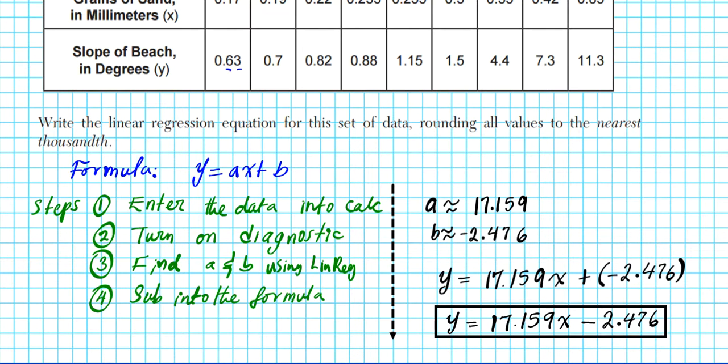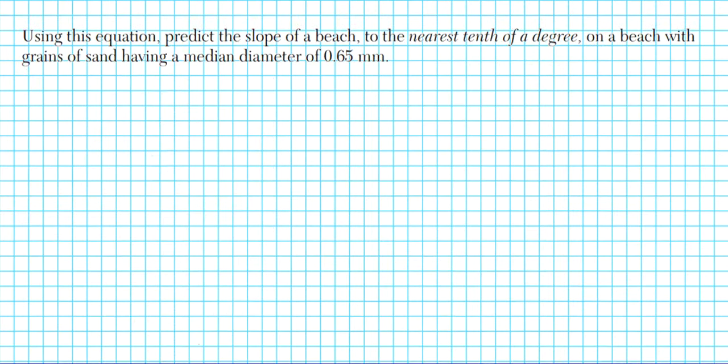Now, let's go on to the B part. It says, using this equation, predict the slope of a beach to the nearest tenth of a degree. Now we're going to 1 decimal place, with grains of sand having a median diameter of 0.65 millimeters.